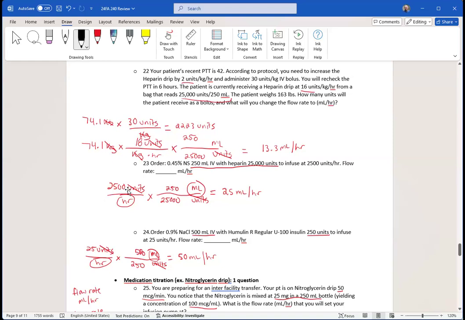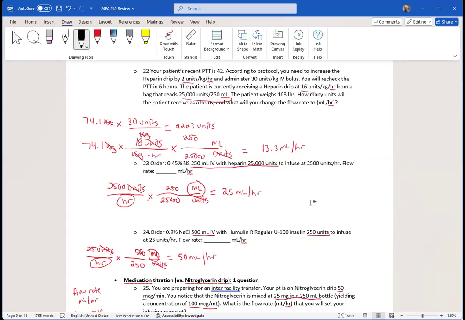So I take the 2,500 units per hour, and then I cancel out units and I multiply by the milliliters, and I'm getting that from the IV solution, the 250 ml with the 25,000 units of heparin. So units cancel, and then I have ml on top, hour on the bottom, and then I get my 25 mL per hour.